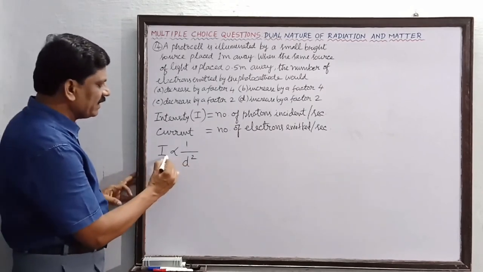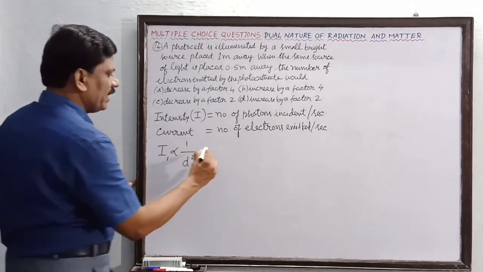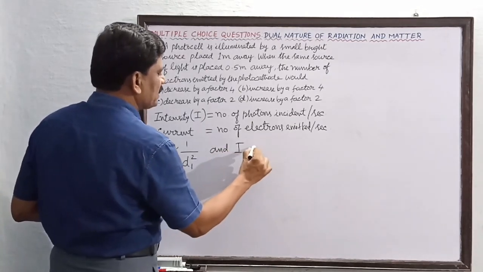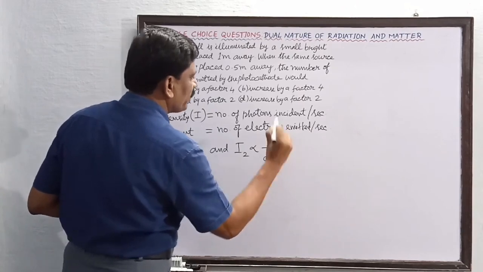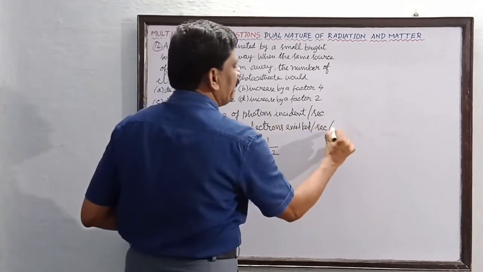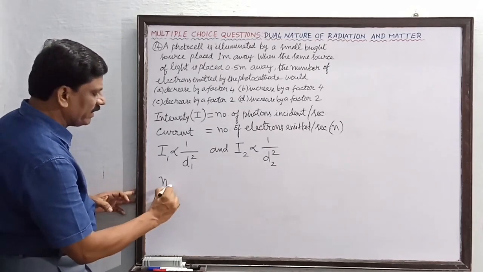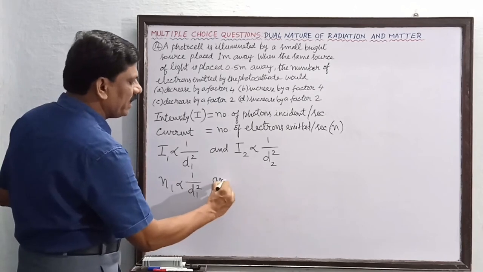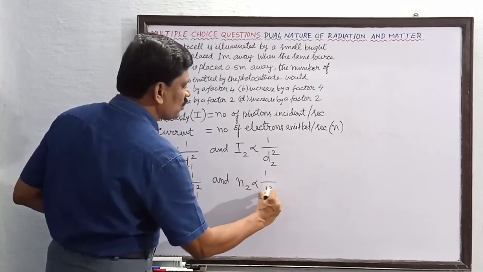So I1 is proportional to 1 by d1 square, and I2 is proportional to 1 by d2 square. Now number of electrons emitted per second, I will take the symbol N. So I can also write N1 is proportional to 1 by d1 square and N2 is proportional to 1 by d2 square.